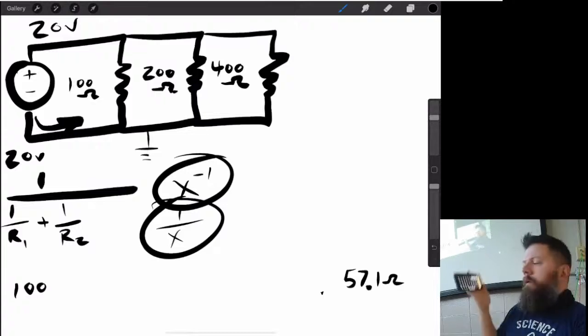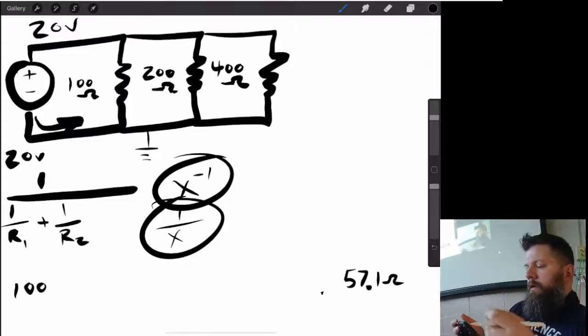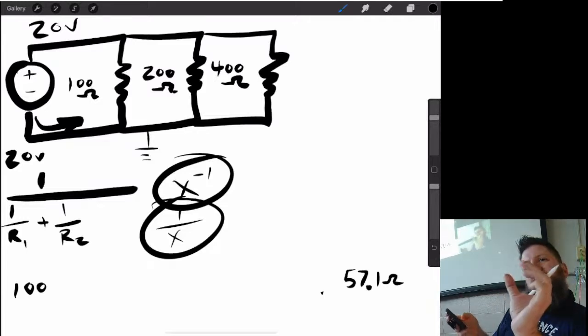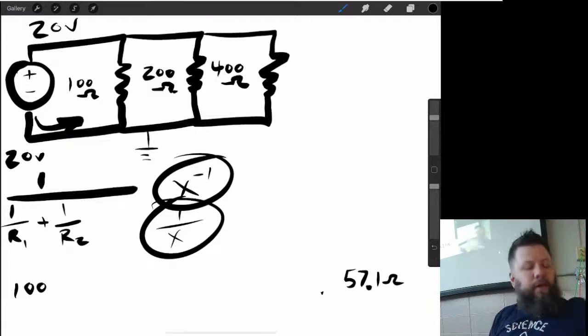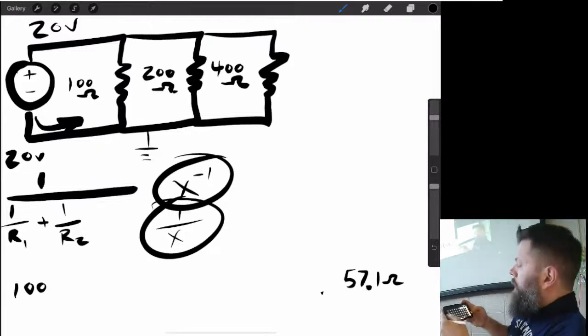So I'm going to put 100 in there, and then I'm going to push that 1 over X button, and it's going to give me 0.01, right? Cool. It's already got that in there, so I didn't have to go 1 divided by 100. I just put in 100 and then did the 1 over X button, right?